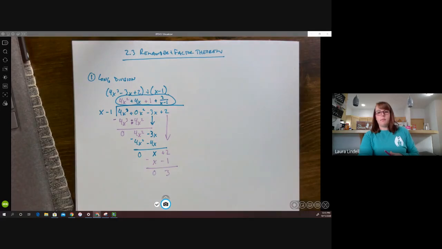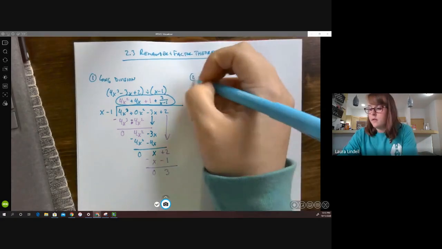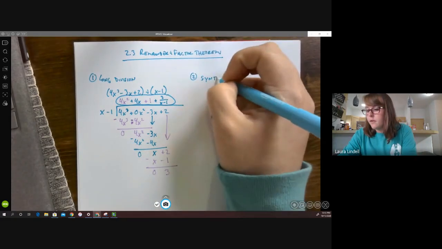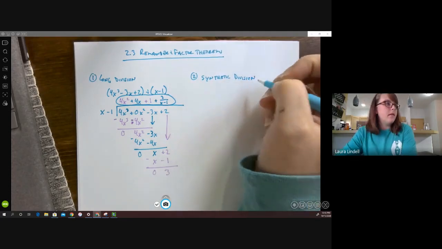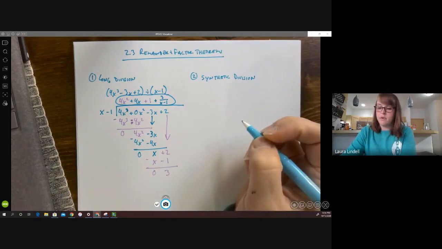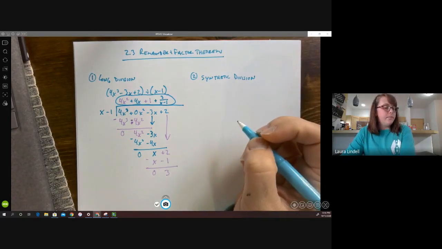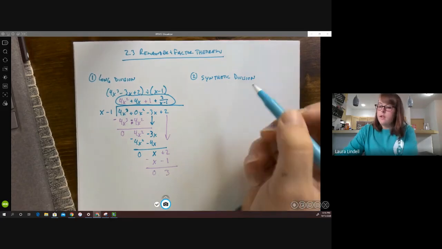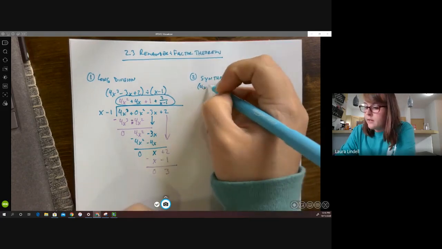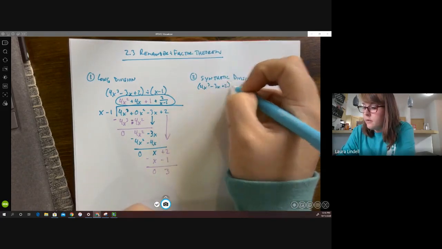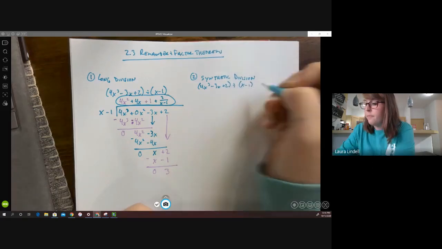We're going to do the same problem with synthetic division and show how synthetic division is different, but essentially does the same thing. Okay, so with synthetic division, I'm going to rewrite it real quick: 4x to the third minus 3x plus 2 divided by x minus 1.